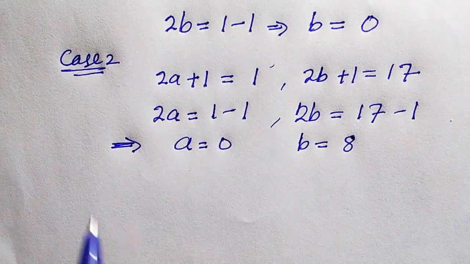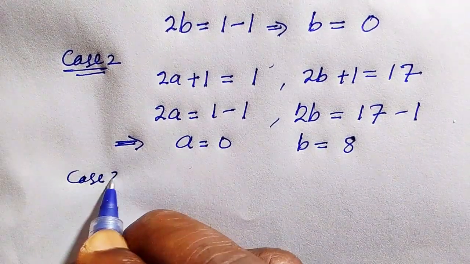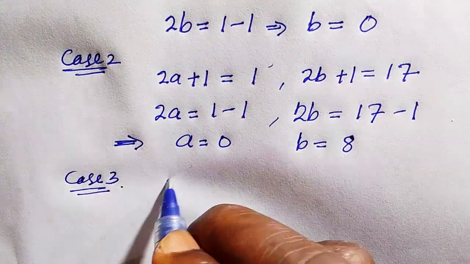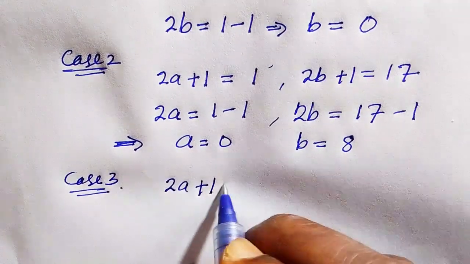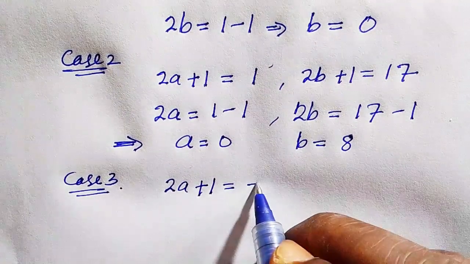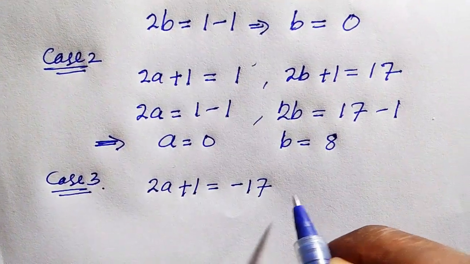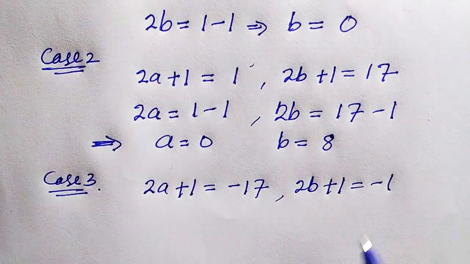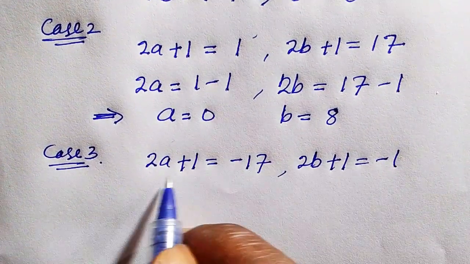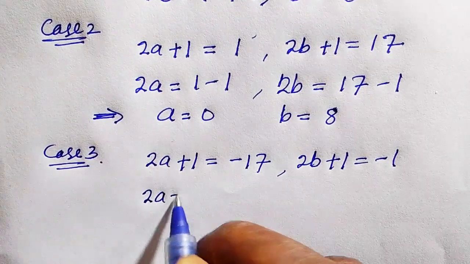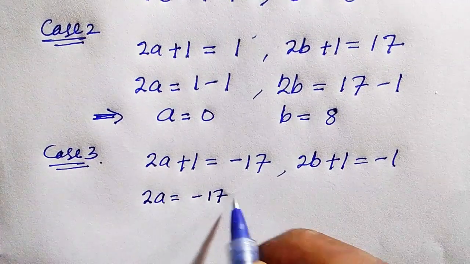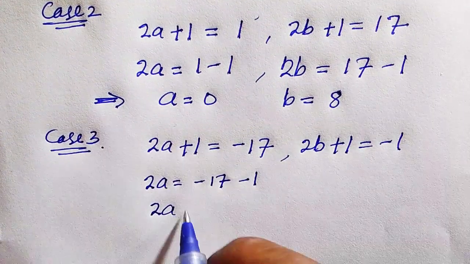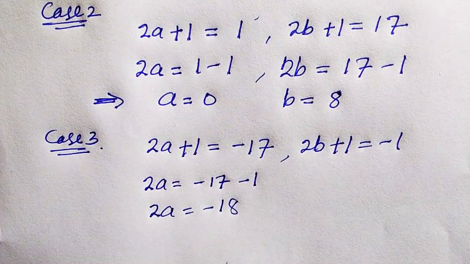So for case 3, which is the negative part of this, suppose we have 2a plus 1 equals minus 17, and also 2b plus 1 equals minus 1. Looking at this side, we have 2a equals minus 17 minus 1, as we have 2a equals minus 18.